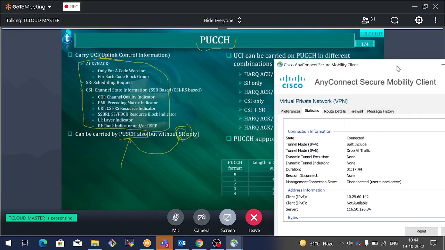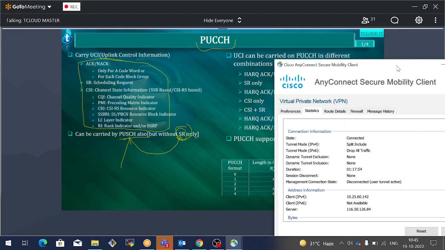The other two things are ACK/NACK and CQI or CSI information. While you are sending this UCI on the PUCCH, you can send it in different combinations, as you can see over there.